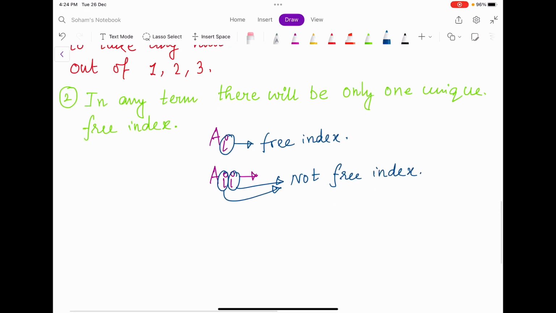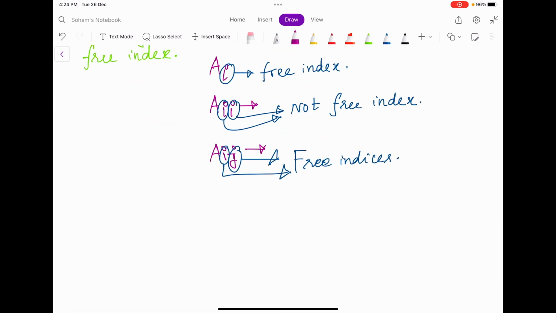But if I write Aij, again both i and j are unique, they are not repeating, so both of them are free indices, right? I hope up till this it is clear. And if I write Aijk, then all three are free indices.